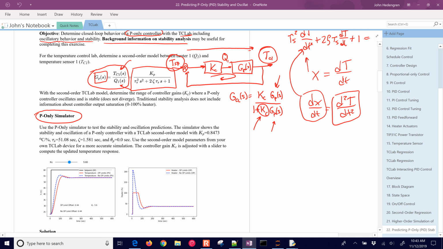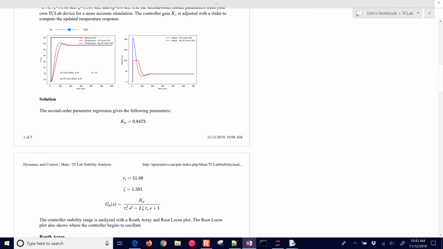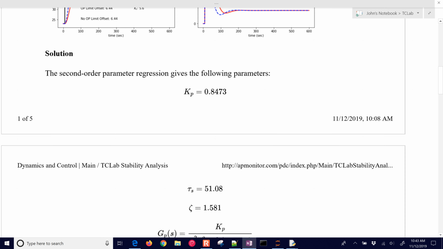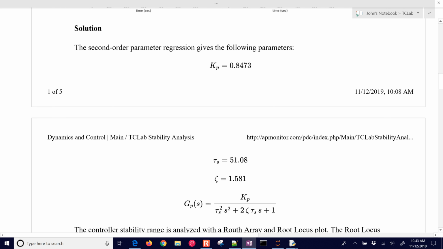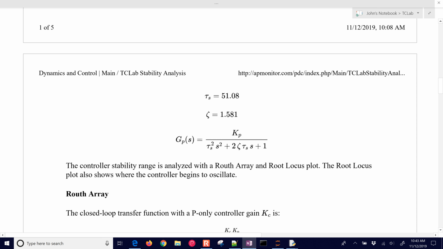So we can use our P-only simulator once we have the values. Let's skip on down to determining stability though. We'll come back to the P-only simulator once we have our parameters. So once we do have our parameters, we'll be able to come up with the control stability using the Routh array and the root locus plots.